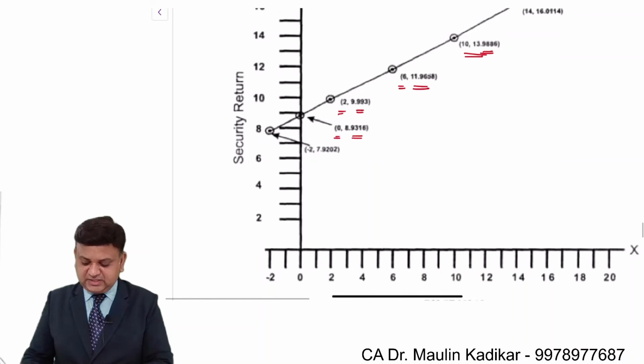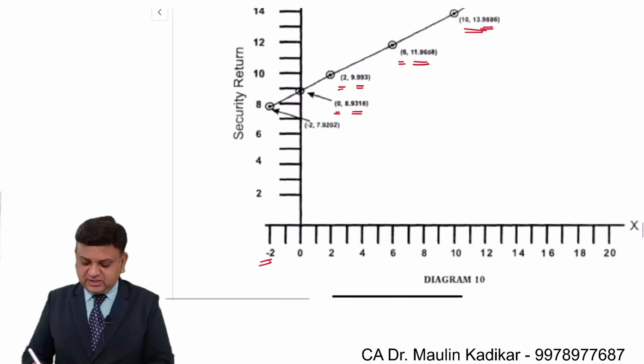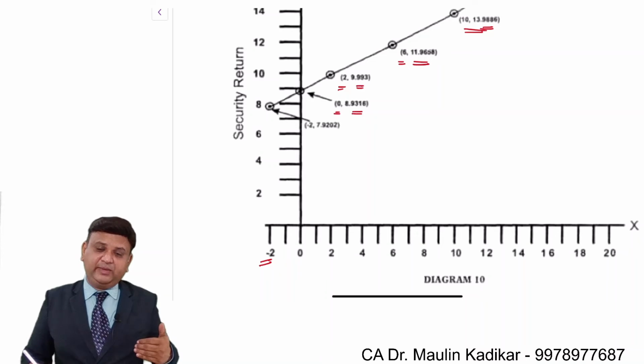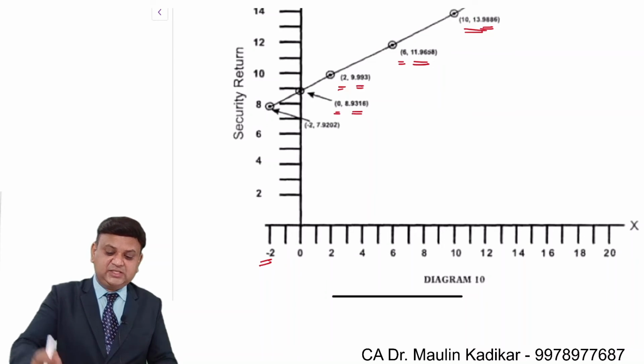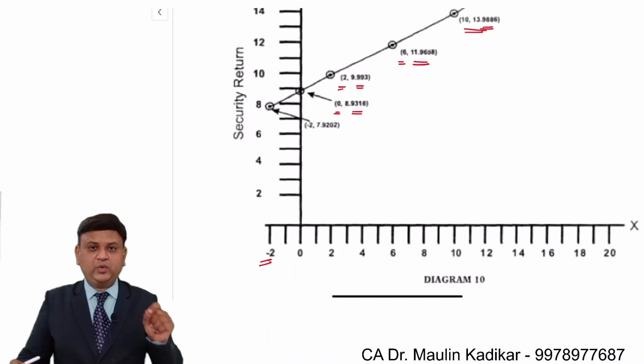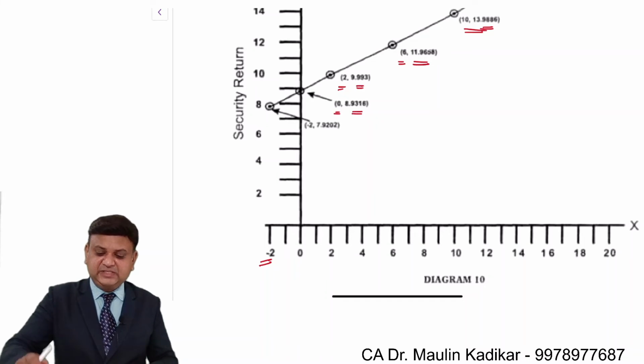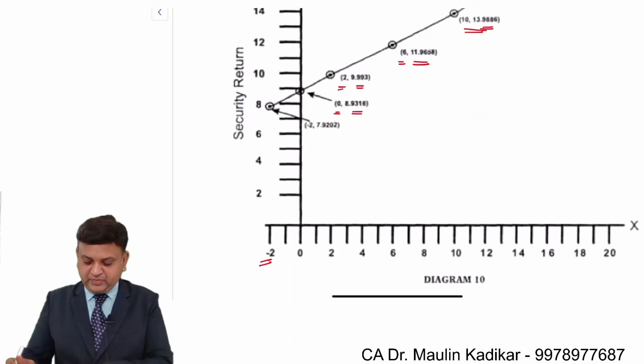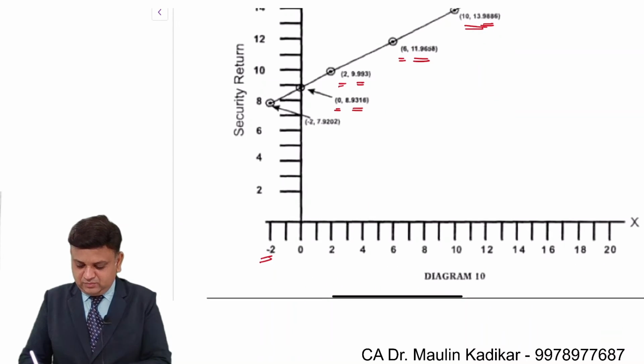And of course, it may happen that the return on the market portfolio is falling by 2%, that it is negative. Then 0.5057 into 2, 1.0114, will be subtracted from 8.9316. So 7.9202.